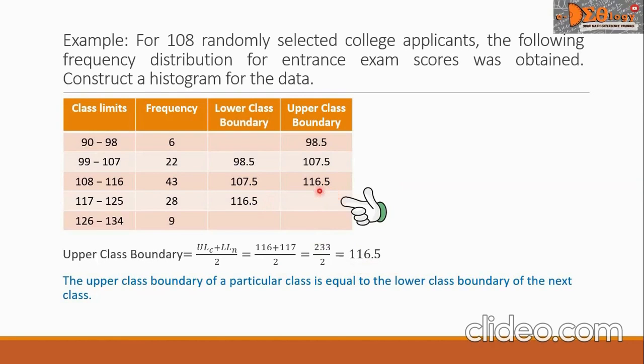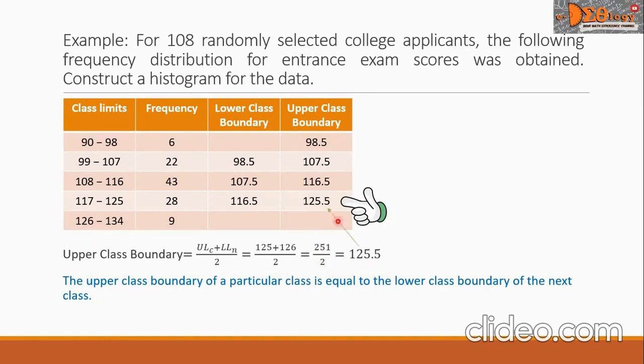Then, let us compute for the upper class boundary of the fourth class. We have 125 plus 126 divided by 2. And that is equal to 251 over 2. And the quotient is 125.5.